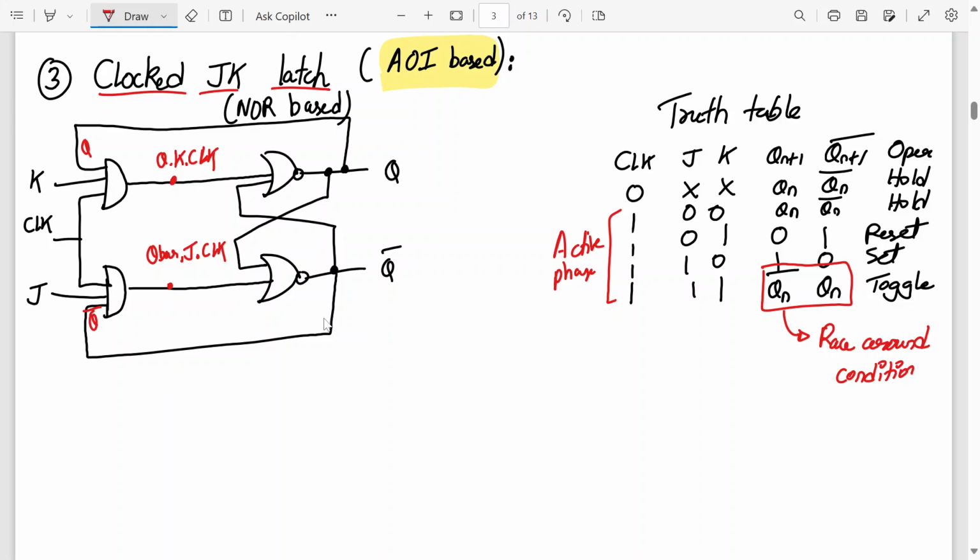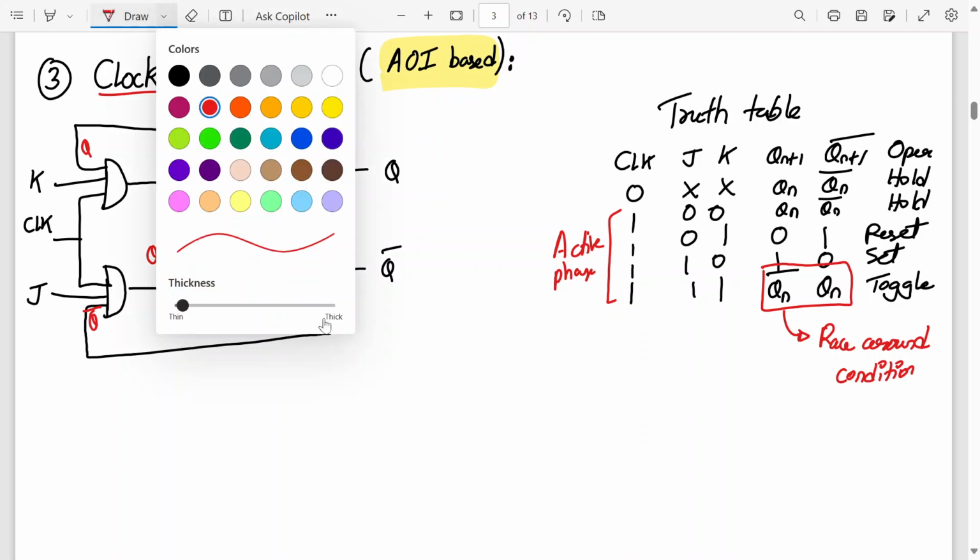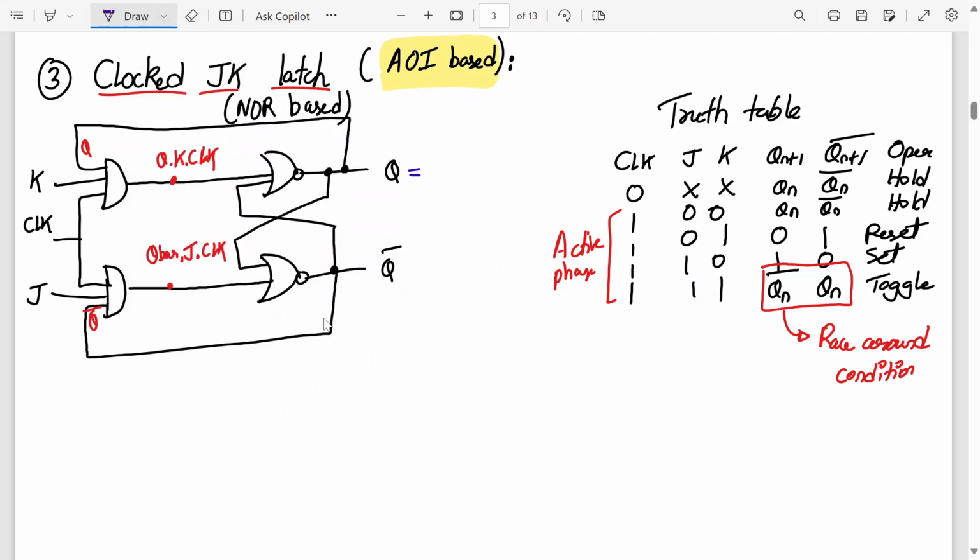Now tell me Q. What will be this? Here it is Q bar, here it is Q. Yeah, this is tricky. Tell me. Q dot K dot clock plus Q bar, the whole bar for Q. Absolutely correct.